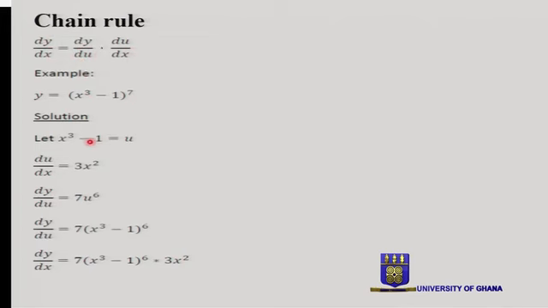So this is my u, my inner function, I represent it with u. Now, if u equals this, I just differentiate x with respect to u. Is that okay? So this is du dx, and that's what I have. Now I take my dy du, this is it, 7u to the 6, and so I just back substitute and you're done, right?